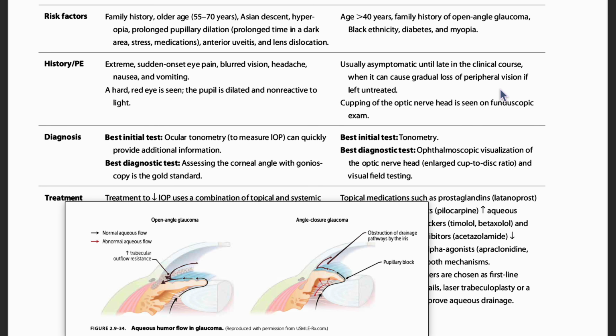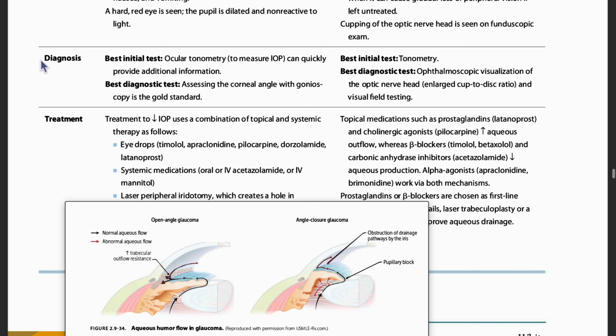History and physical examination: usually asymptomatic until late in the clinical course, when it can cause gradual loss of peripheral vision if left untreated. Cupping of the optic nerve head is seen on fundoscopic examination.